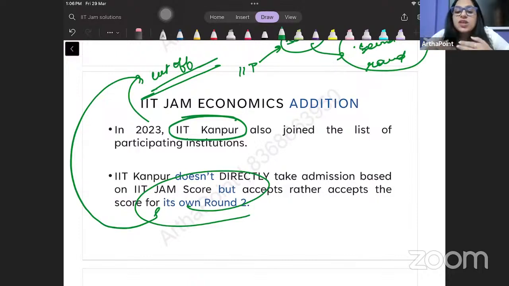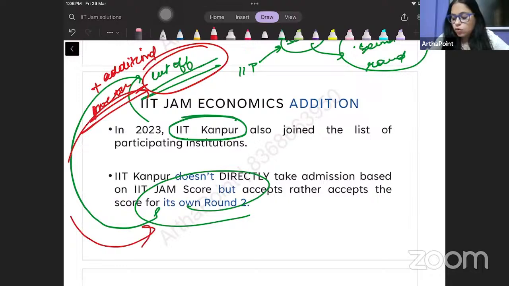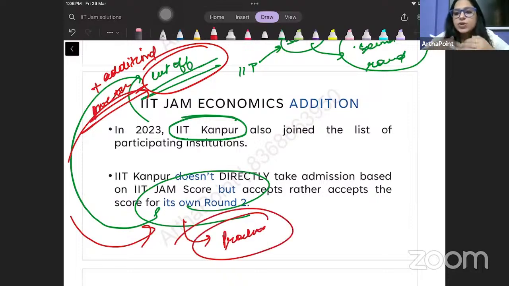So this can also happen in some IITs, and therefore this will require additional practice. क्योंकि अगर आप कट ऑफ क्लियर कर लेते हो, if you clear the cutoff, then you have to give one more exam, and for this you have to again do practice so that you can clear that exam, right?